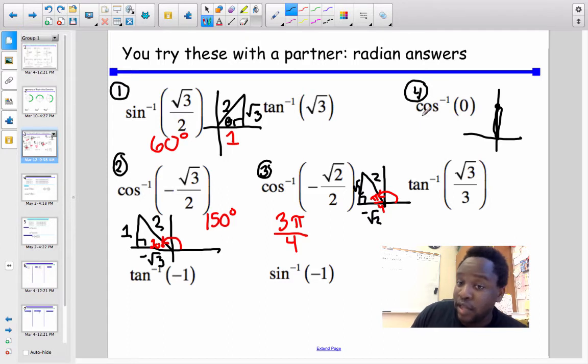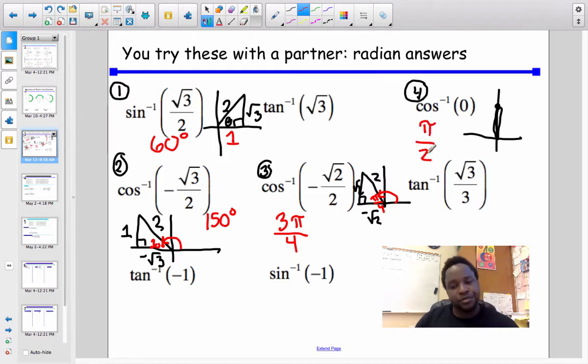So this is asking what angle it is when the adjacent side over the hypotenuse is 0. So this would be 90 degrees or pi over 2. So our answer would be pi over 2.